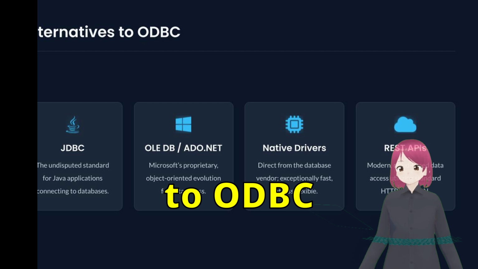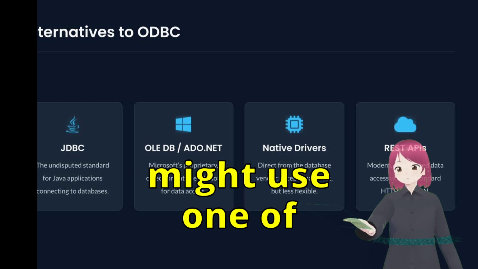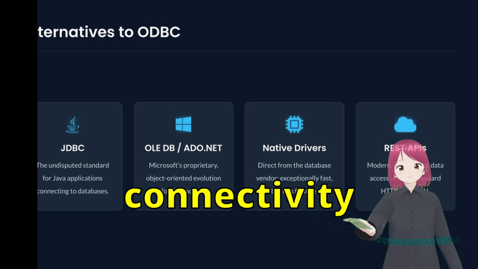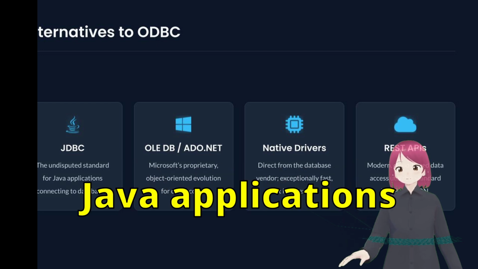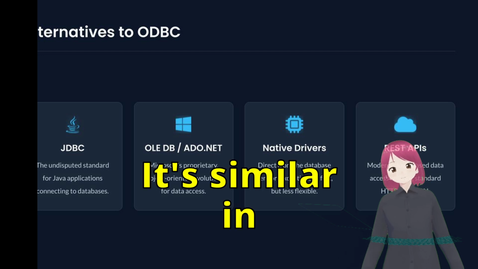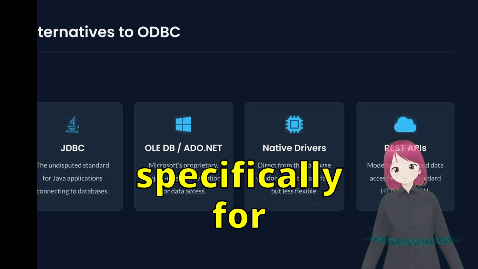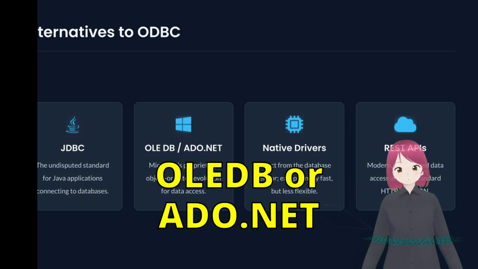Alternatives to ODBC. Depending on your tech stack, you might use one of these instead. JDBC, Java Database Connectivity, the standard for Java applications. It's similar in philosophy to ODBC, but built specifically for the Java ecosystem. OLEDB or ADO.NET.